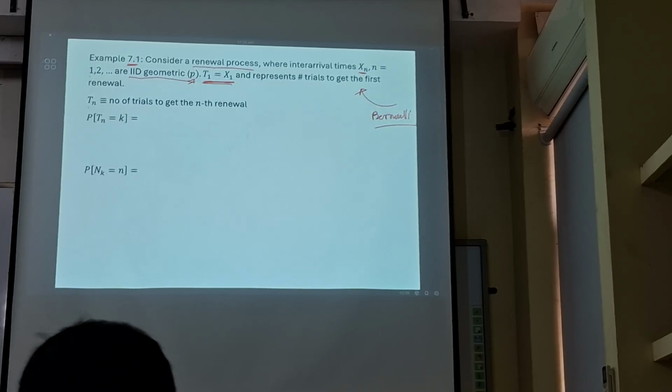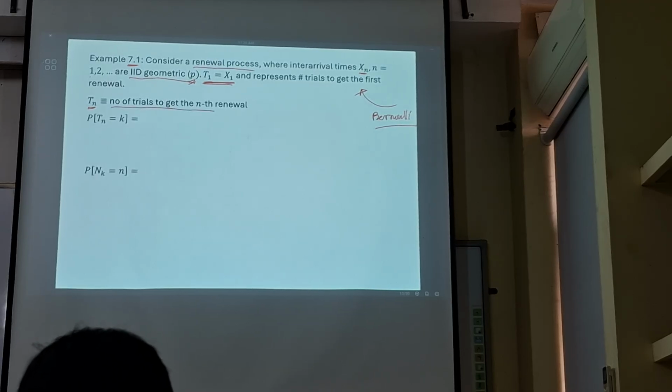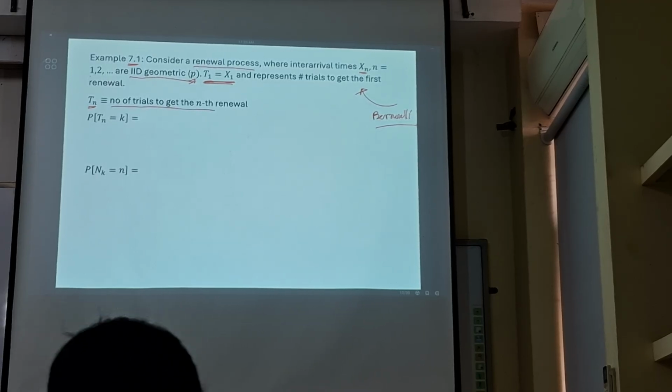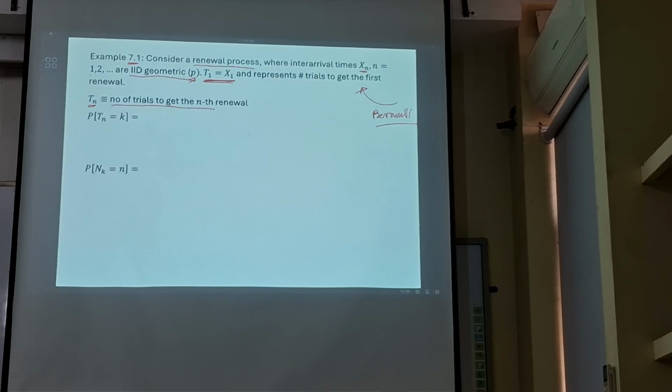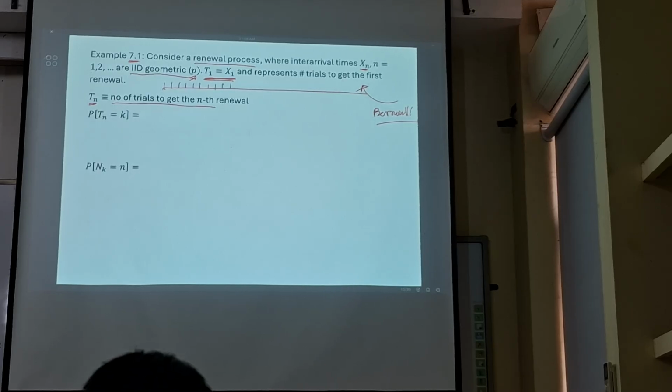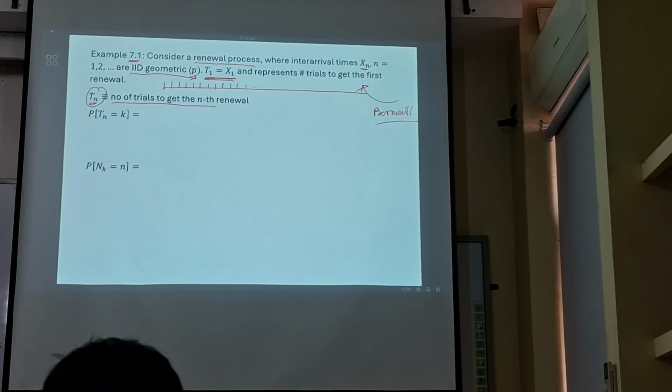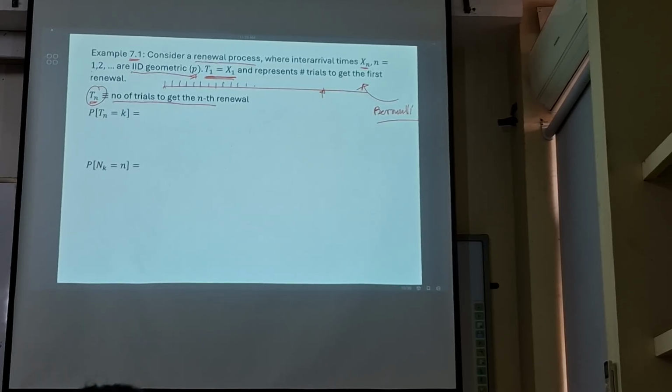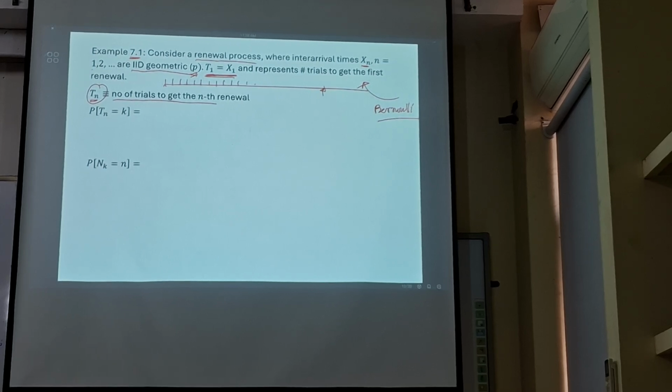Actually, we have T_n equal to the number of trials to get the nth renewal. Trials, since it is discrete time, means the time is divided into smaller units of equal length. Let's say T_n indicates the number of time slots, or the number of times we toss the coin, or the number of tries to get the nth renewal.